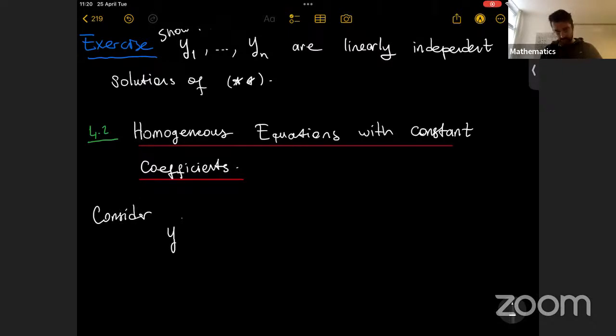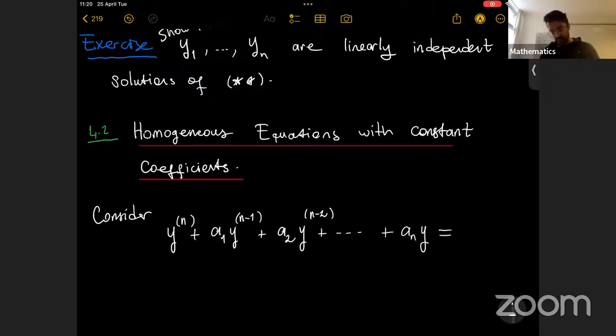An nth order equation with constant coefficients means we will have a constant a1 for the n minus first derivative, and all other coefficients are constant, a2 for the n minus 2 derivative, and you continue like this, an times y, and it's homogeneous.